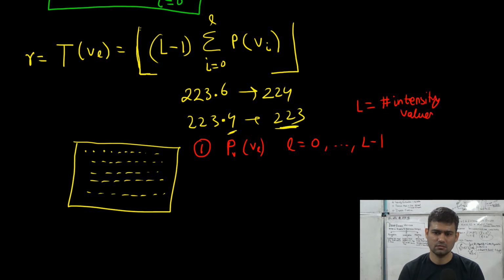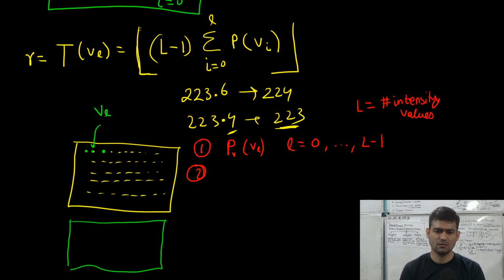Second, iteratively go through each of the pixels. Each pixel is going to be occupying some intensity value V of L. So in the resulting image, for example, let's suppose this value V of L is equal to 25.